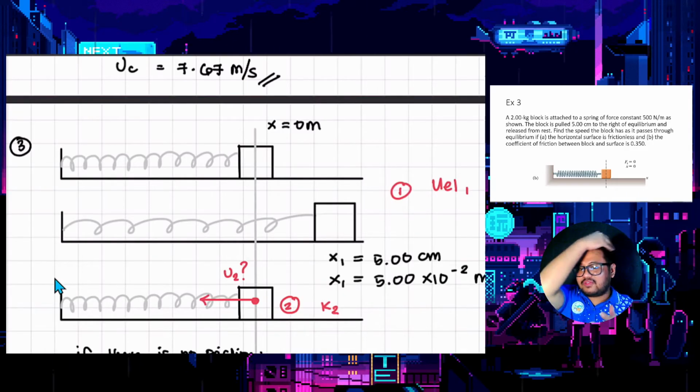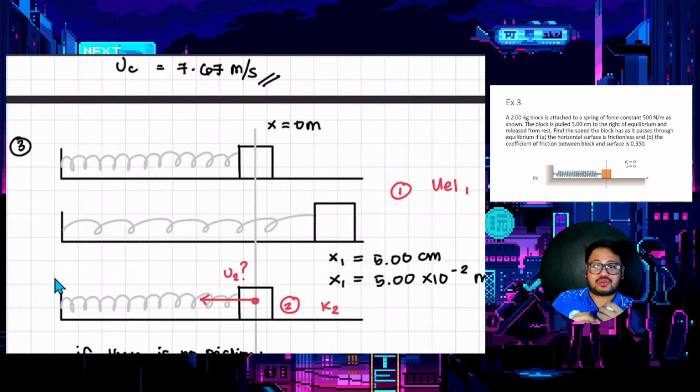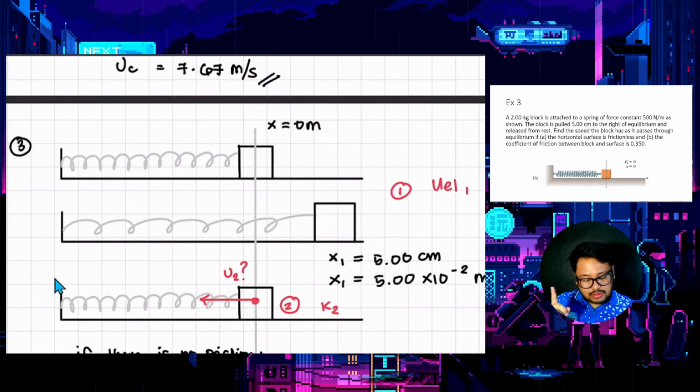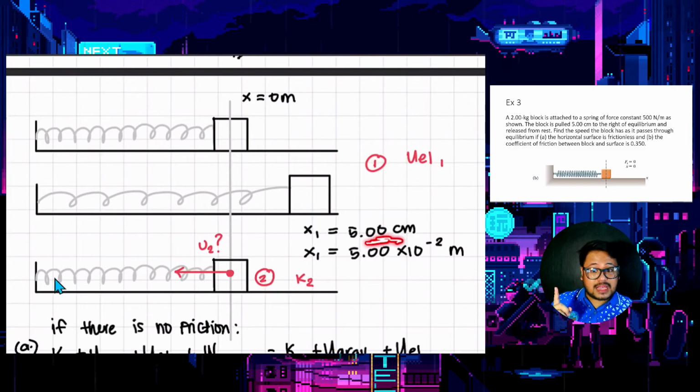Okay, we have different scenarios here. For letter A, what if there is no friction? What will happen? If there is no friction, there is no work done by other forces, so it's purely elastic potential energy equal to kinetic energy. Also, please be mindful, our stretching distance is given in cm, so it should be in meters.